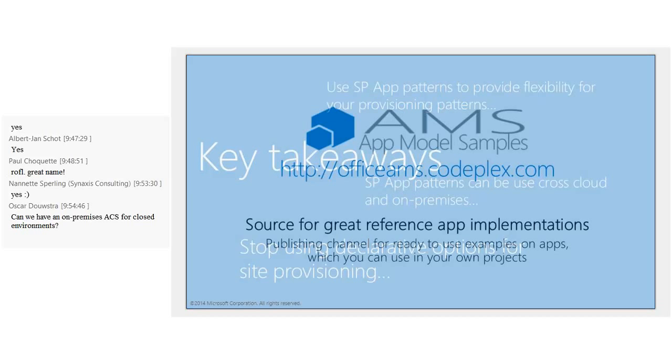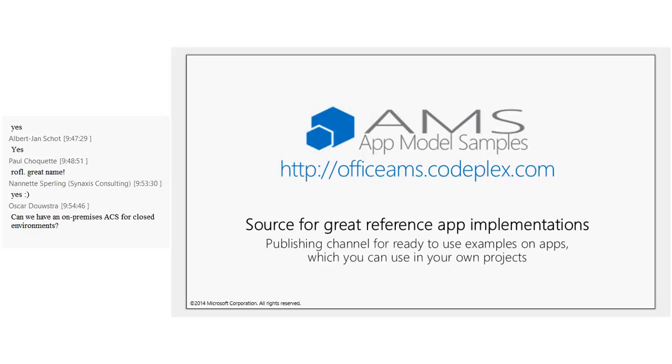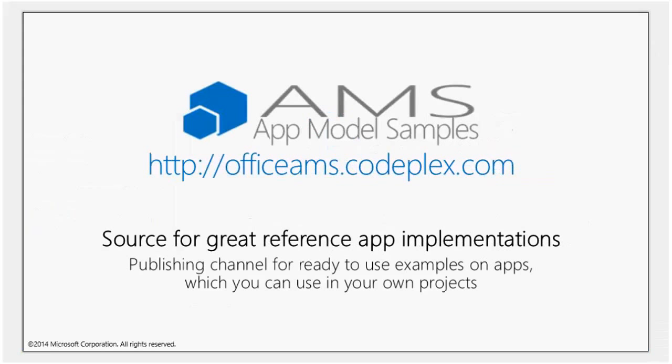The one thing we also want to mention is the Office AMS Codeplex.com. Office AMS Codeplex.com is a Microsoft community-driven project where we give examples for you, the external people. And these are examples, like all of the stuff you've seen today is downloadable from there with guidance, with documentation and instructions on how to set it up.